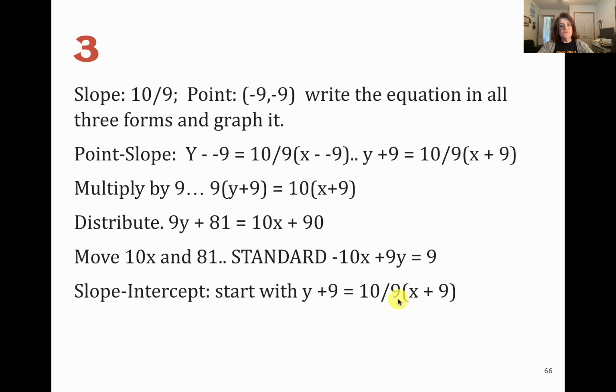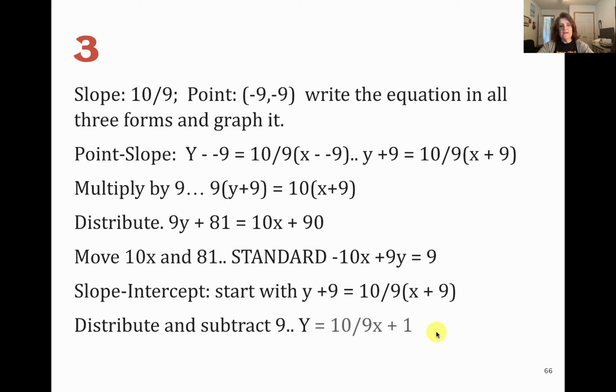Slope-intercept form, you start with the point-slope form that we had. You distribute the 10/9, giving us 10/9x plus 10, and then subtract this 9 across, so plus 10 minus 9 is plus 1.